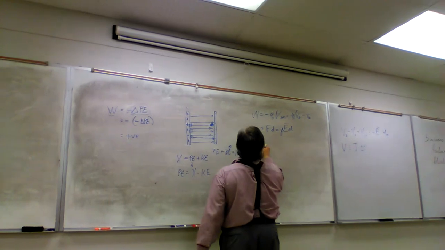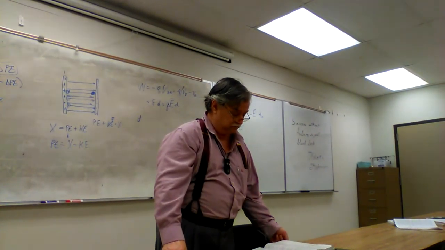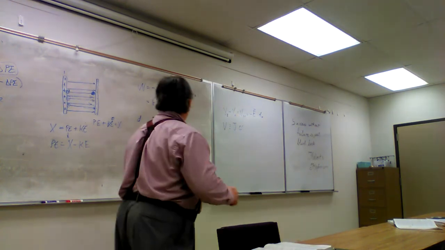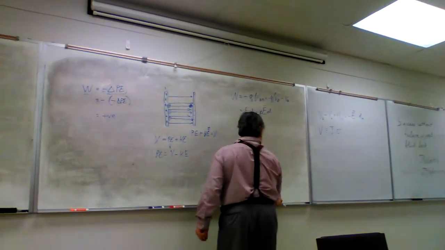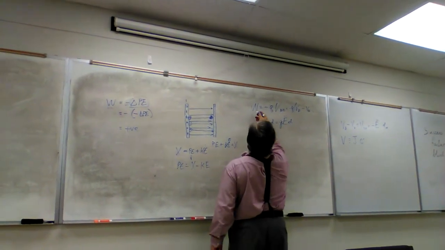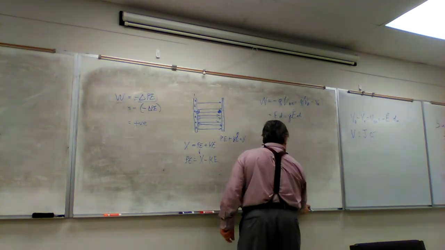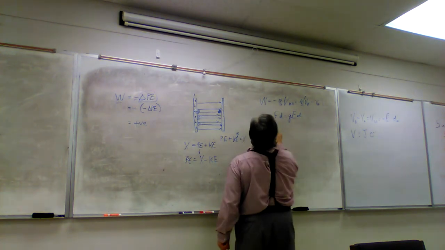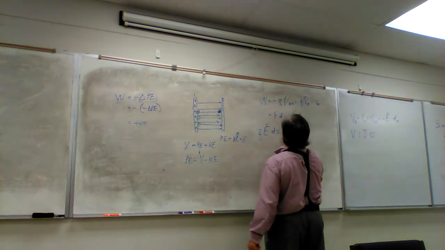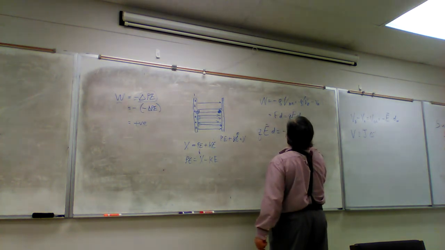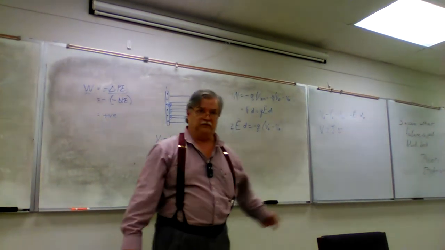So we have work, which is Q times E times D, which is equal to minus Q times V sub B minus V sub A, the change in potential energy, or change in potential, change in voltage.